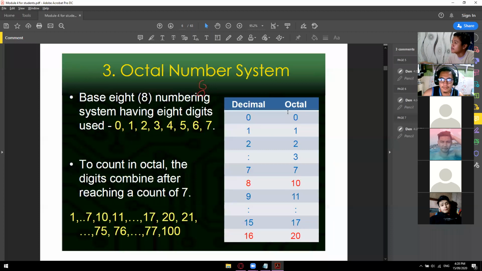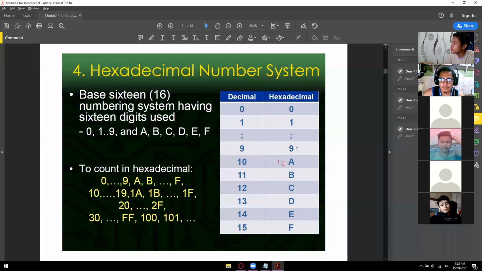Sa hexadecimal or octal or binary, yun yung nababasa ng computer. Okay? So B is 11, C is 12, and then D is 13, hanggang 15. So this hexadecimal is base 16, ranging a value of 0 to 15.